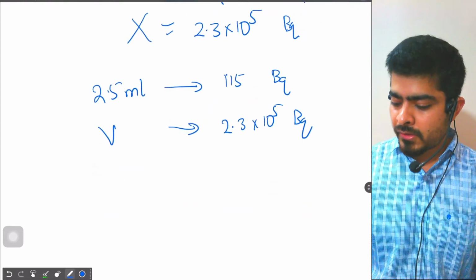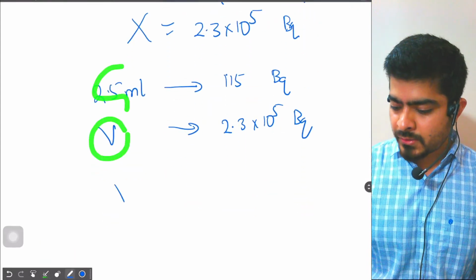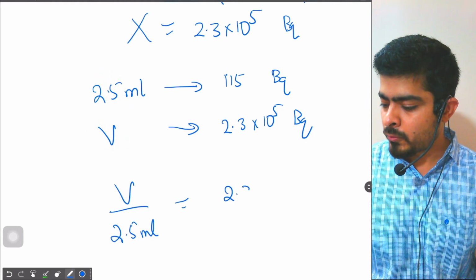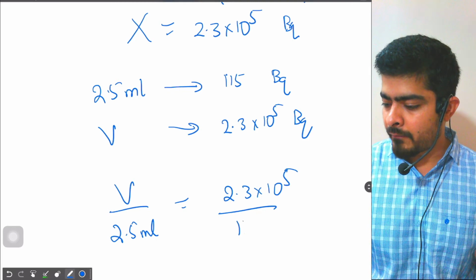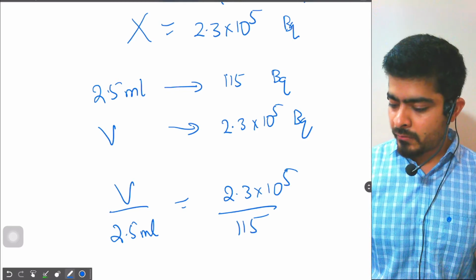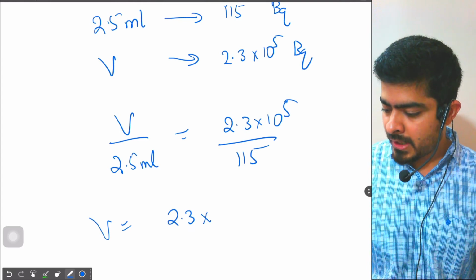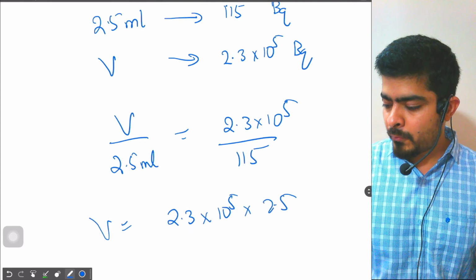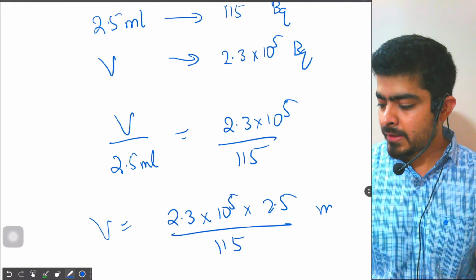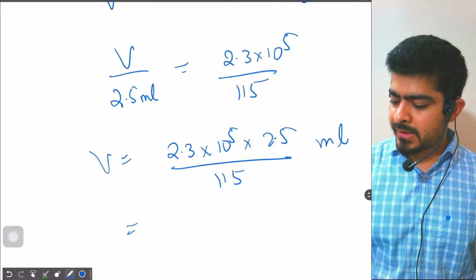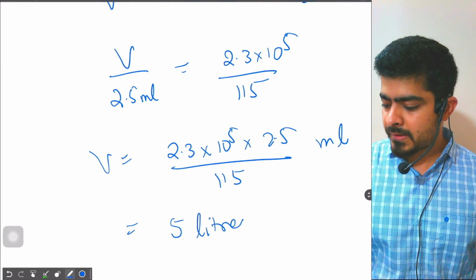So that means divide them. So V divided by 2.5 ml will be equal to 2.3 times 10 to the power 5 divided by 115. So what do you get? V will be equal to 2.3 times 10 power 5 times 2.5 divided by 115 ml. So when you convert this into liters, you will get 5 liters as your answer.